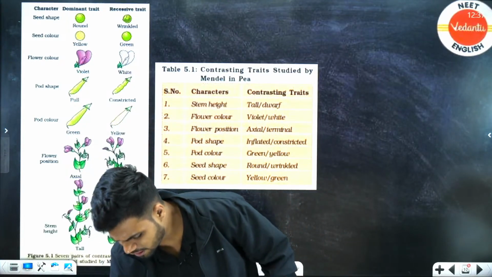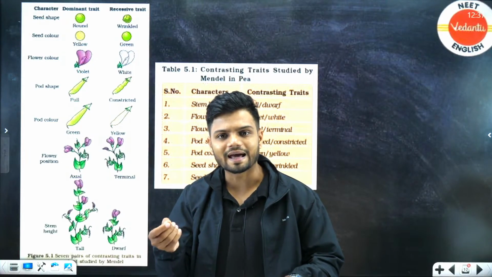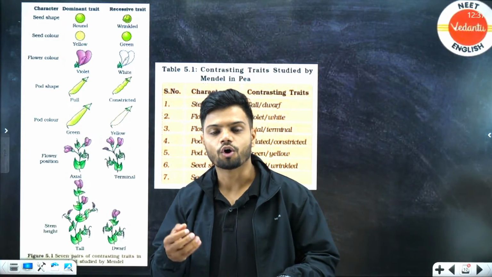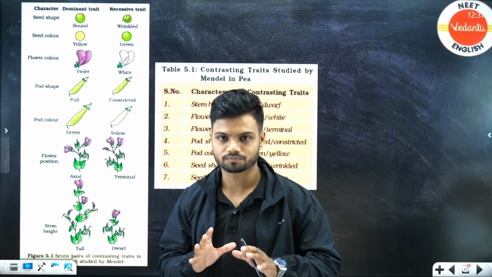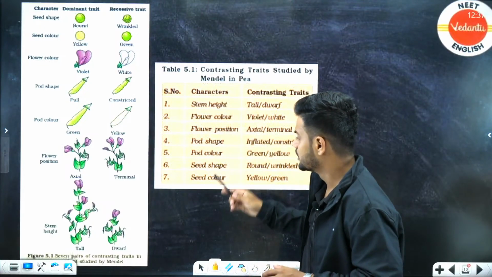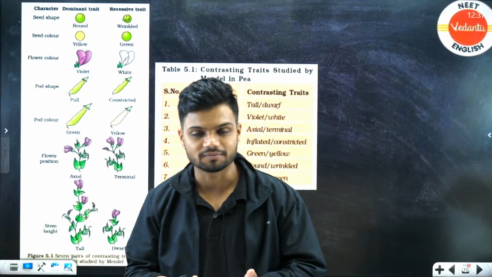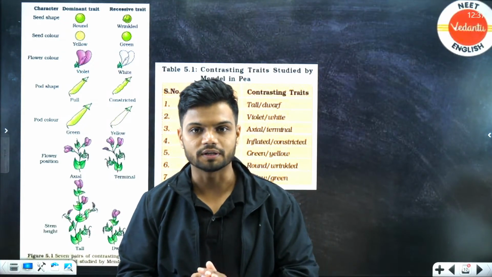The simple question they'll ask you is, how many characters did he take? All of you will tell me, sir, 7 characters he took. Now, how many traits did he take? All of you will tell me, sir, 14 traits.